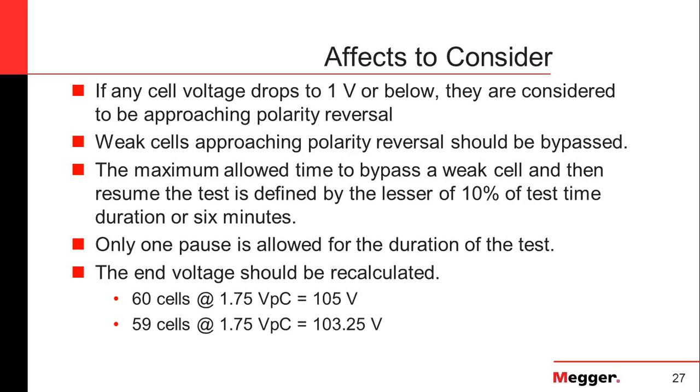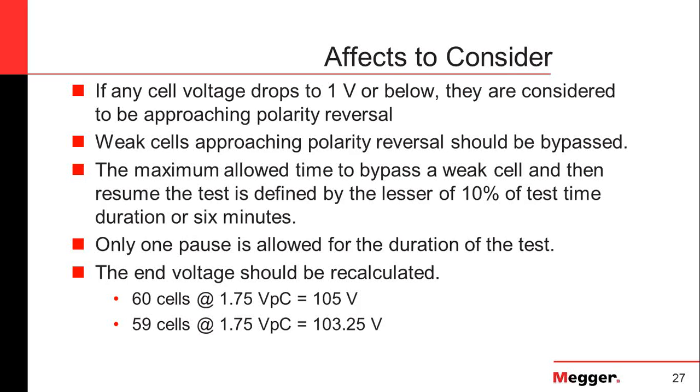Now, when you're bypassing a cell, you have a maximum of 10% of the test time or 6 minutes, whichever is less. So basically for a 1-hour test, you have 6 minutes, and for a 2-hour test, you have 6 minutes. But if you're on a 30-minute test, then you only have 3 minutes to swap that battery string to bypass that cell.